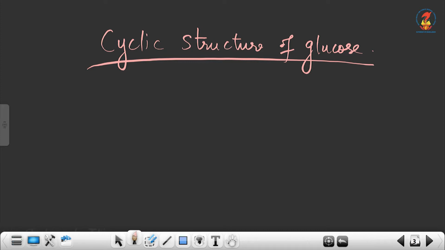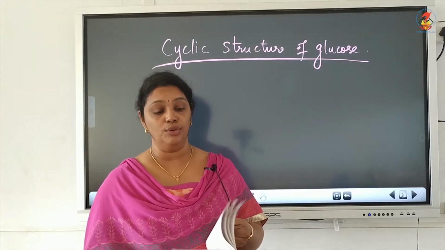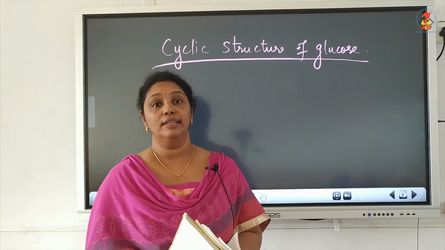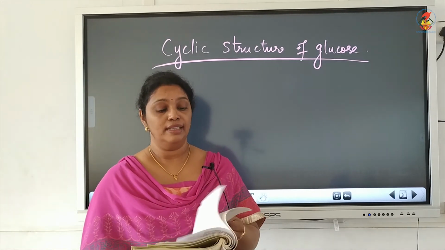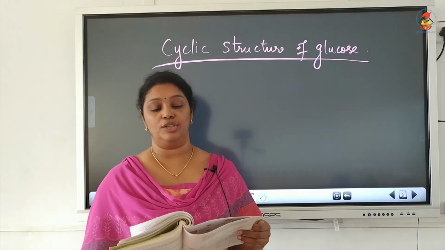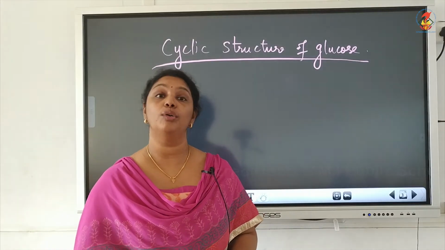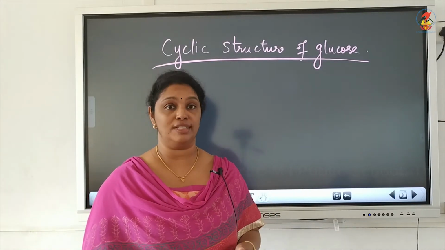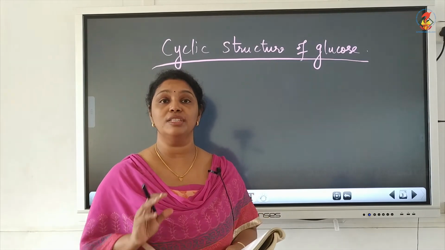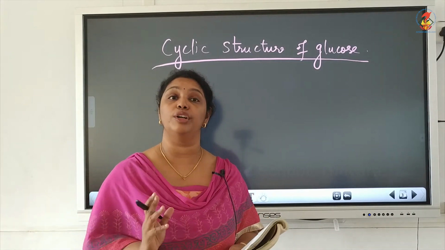The Fischer structure explained most of its properties, but the following reactions could not be explained by this structure. So here we have a question: enumerate the reactions of glucose which cannot be explained by the open chain structure or Fischer structure. There are a few reactions which the open chain structure could not explain.